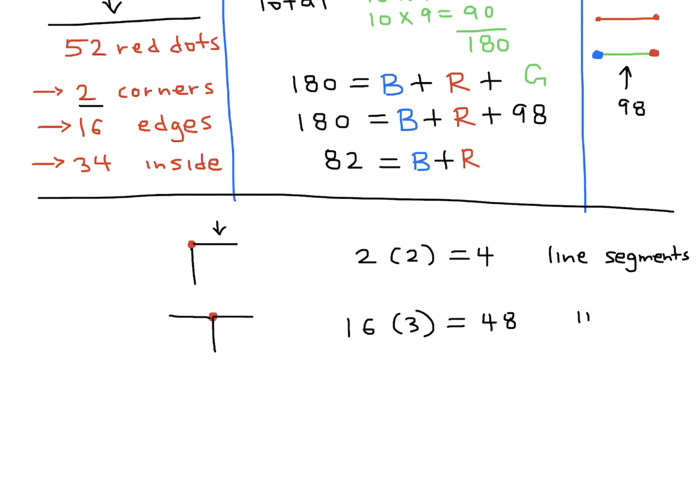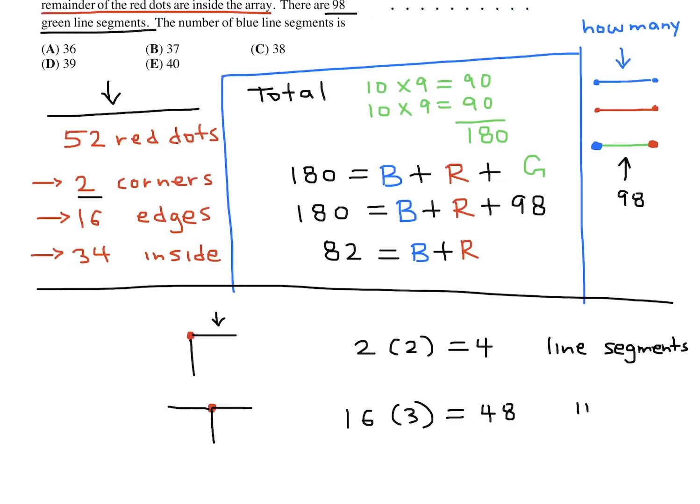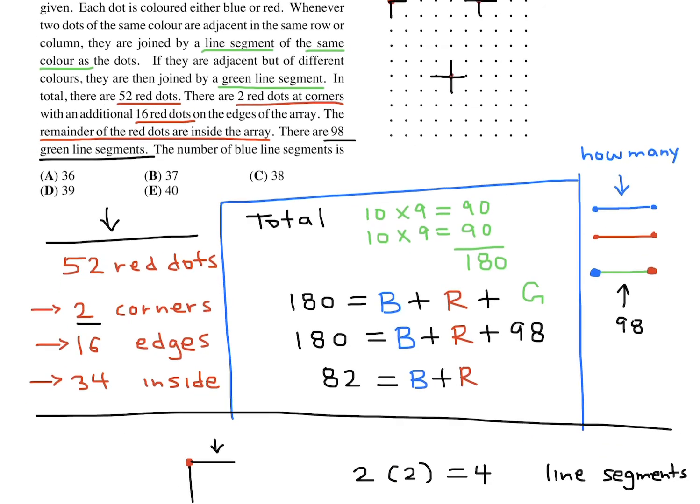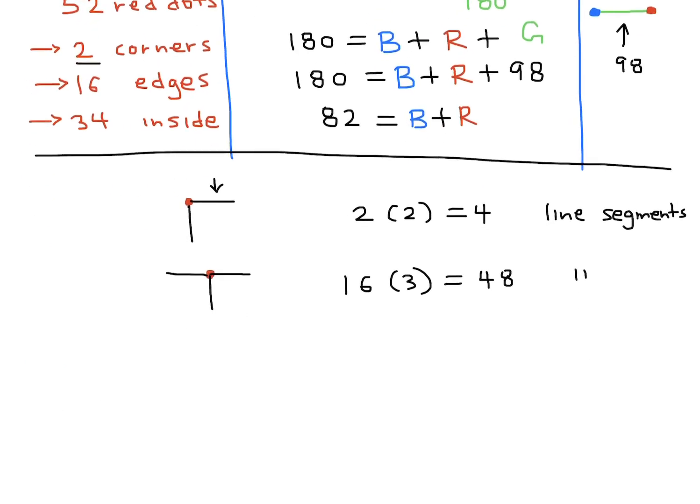All right. Now let's look at the ones inside. There's 34 of them inside, so somewhere like here. That's inside. And how many line segments can emerge from a red dot inside? One going up, one going down, one going right, and one going left. So there'll be 4 in that kind of form.